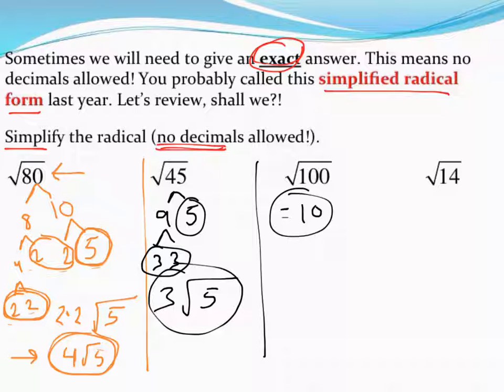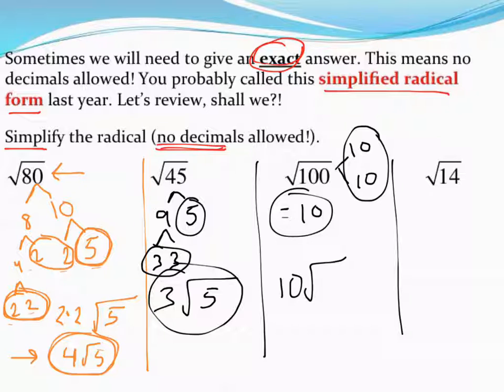If you did try to do the factor tree just to see what happens, we could break that into 10 times 10. Now, I know 10's not prime, but if I circle that pair of 10s, that pair of 10s gets to go out of the house, so that's out in front. And if you look, there was nothing left behind, so there is nothing left over. It's just 10. That's why these numbers are perfect squares. That's why 100 is a perfect square.